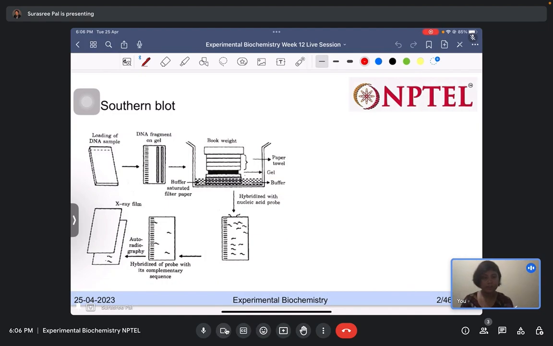So the first step is restriction digestion of the DNA.